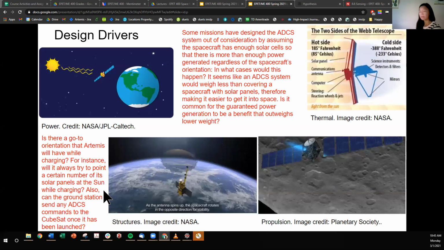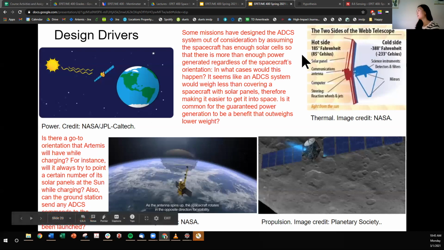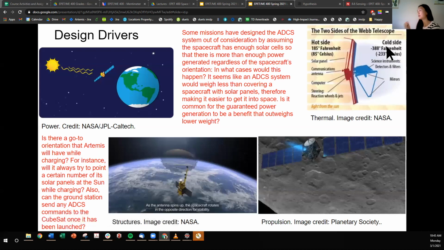Okay, other ways in which the subsystems can affect the ADCS. Yeah, I mean the thermal control, whether you have a spinner or whether you have a three degree of freedom attitude pointing requirement, could come from the thermal control system, like we talked about last week.